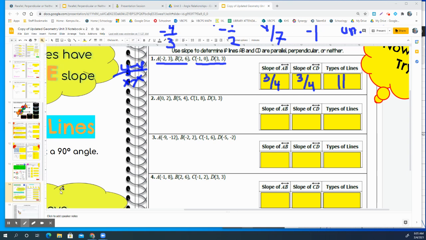I got a 2/5. Can anybody confirm a 2/5? Yeah? Slope of AB? What's the slope of C and D? Same thing? 2/5? 8 minus 3 is 5. And 1 minus 3 is -2.